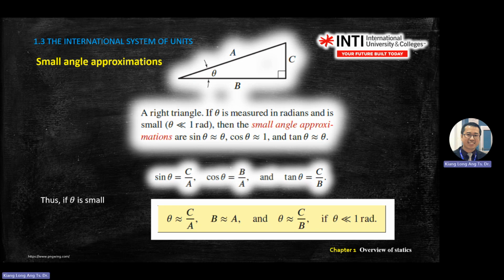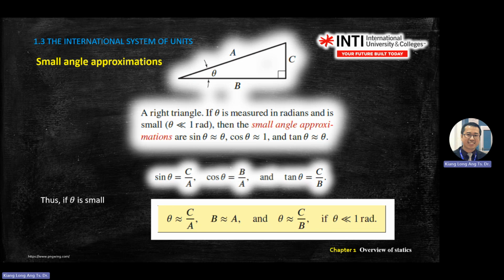B will be same as A, means this length will be same as B, because this one very, very small. So this one will come down like this, right? This length will come down, A will come down like that.